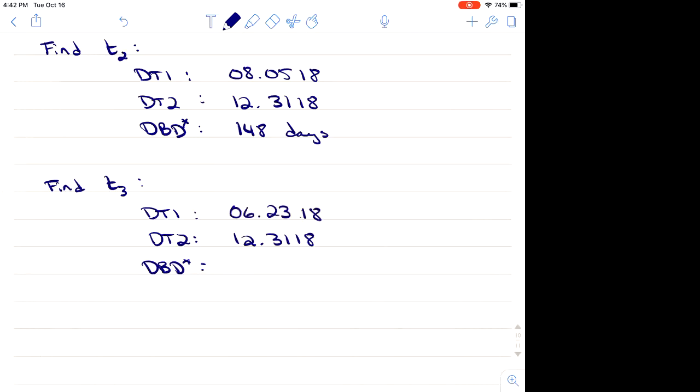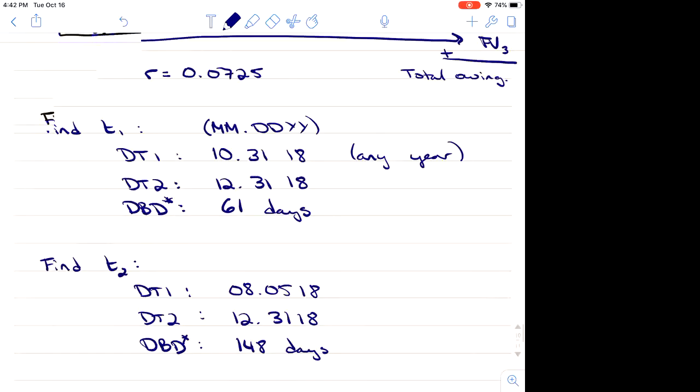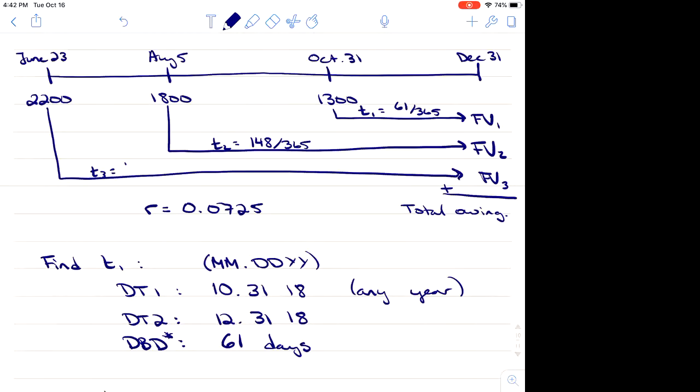So I'm going to just stay in the date function. Date 1 now is 06.2318. Enter. Compute the days between dates. I get 191 days. So I'm going to fill that in here. T3, I have 191 out of 365.